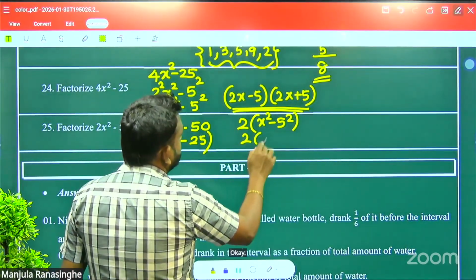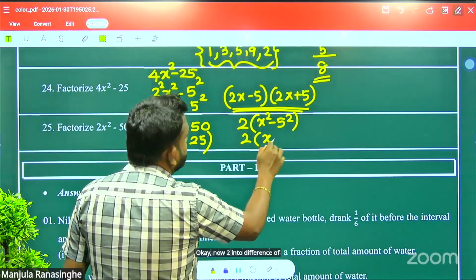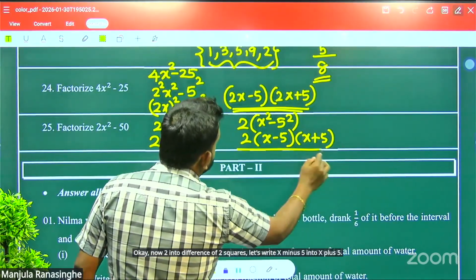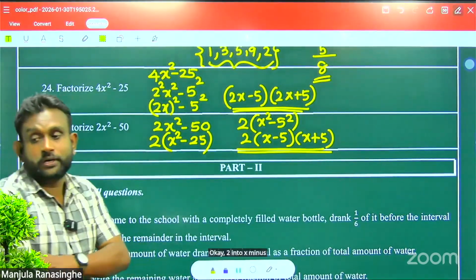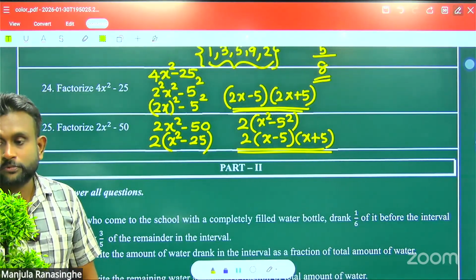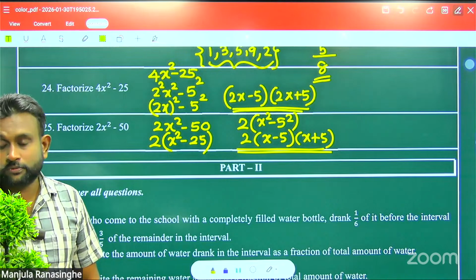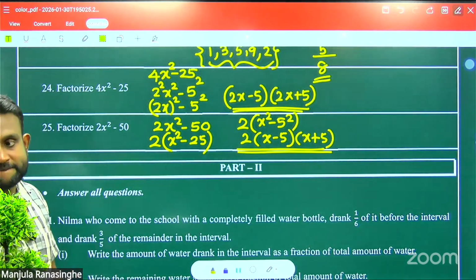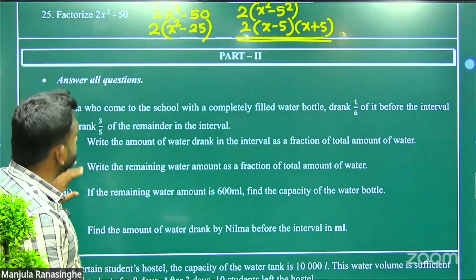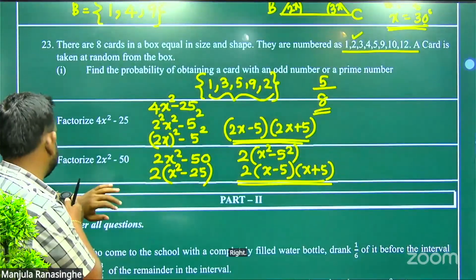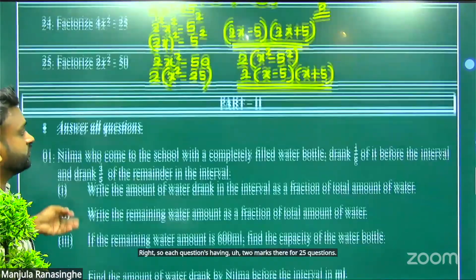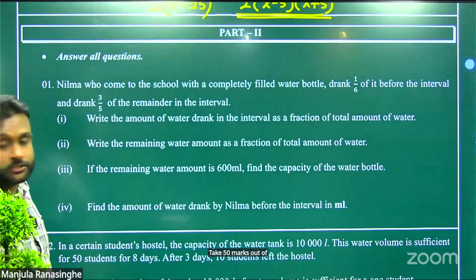So 2 into x minus 5 into x plus 5. Each question has 2 marks, for 25 questions. Take 50 marks out of 50, calculate.